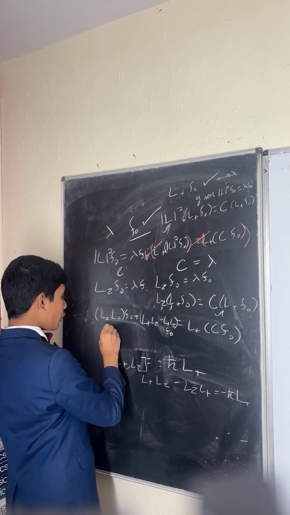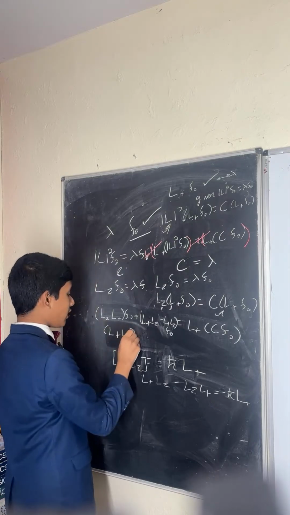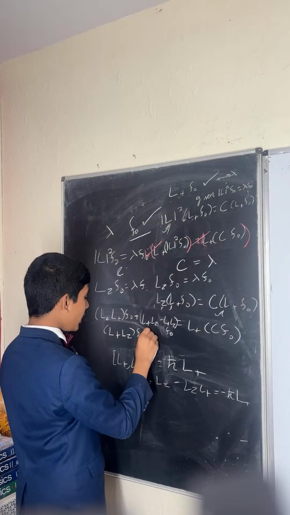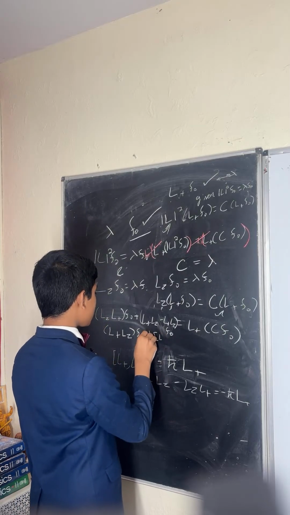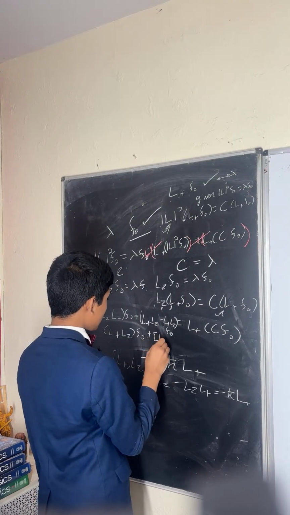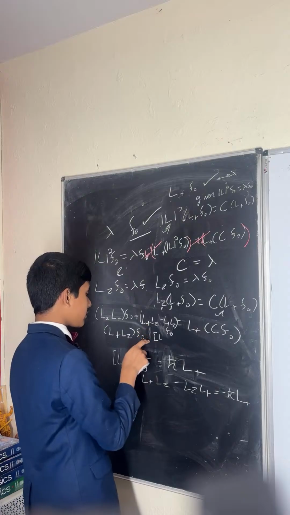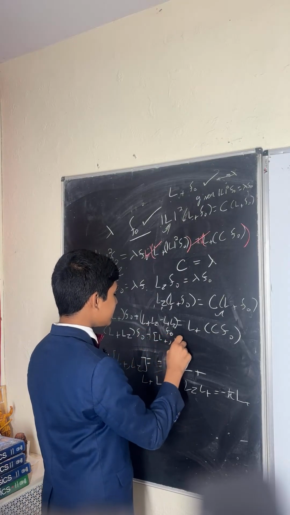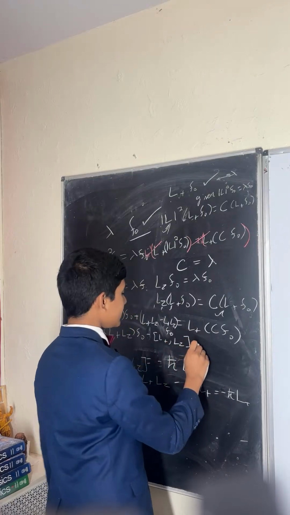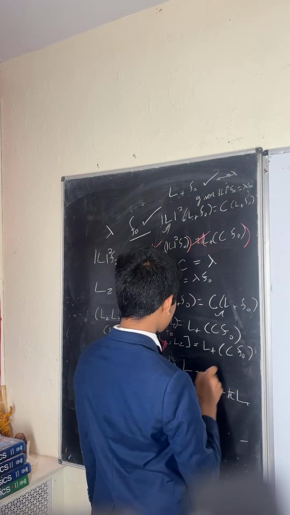So we can reorganize this to state L plus LZ F naught minus the commutator of L plus and LZ is equal to L plus times C F naught.